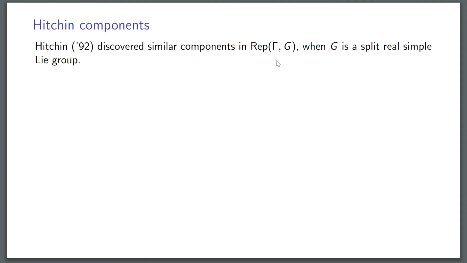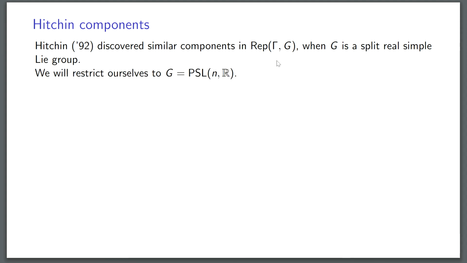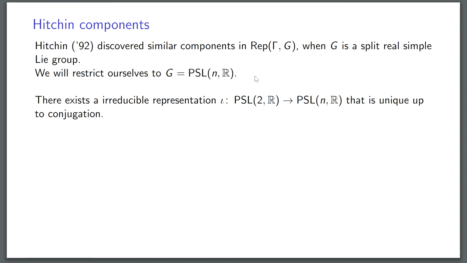Let's first define what the Hitchin components are, and for this I will restrict myself to the case of G equals PSLNR, which makes the notation a little bit easier. And we use the following fact. There exists an irreducible representation of PSL2R into PSLNR, and this representation is unique up to conjugation.